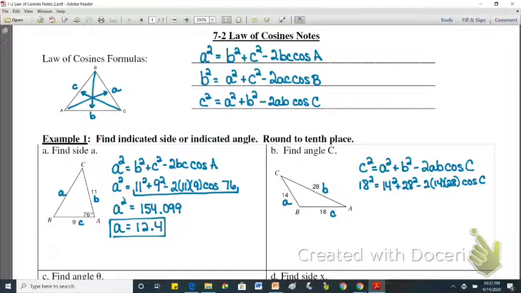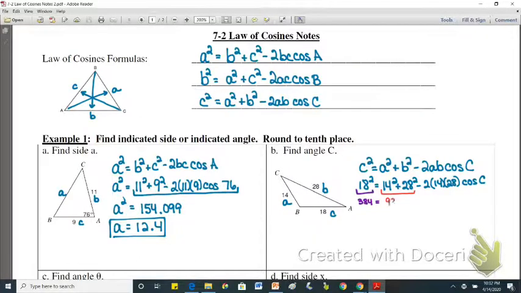So from here, we're going to do a few different steps. The first one, let's just type in our calculator 18 squared. Okay. That's going to get me 324. Next, we are going to type in our calculator 14 squared plus 28 squared.